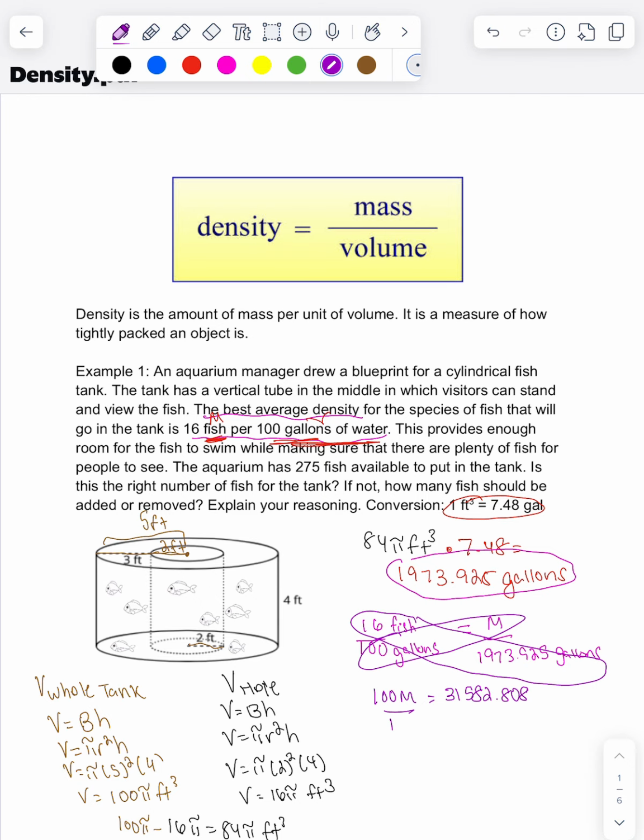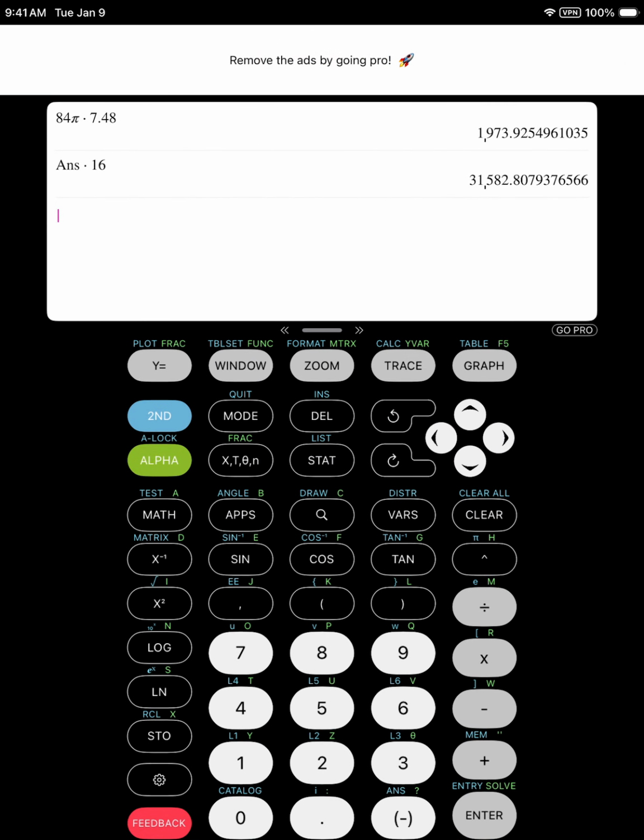And then we're going to divide by 100. And we get 315.8 fish. But you can't have 0.8 of a fish.